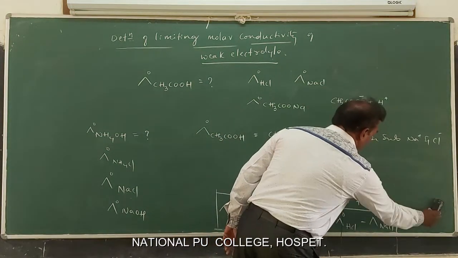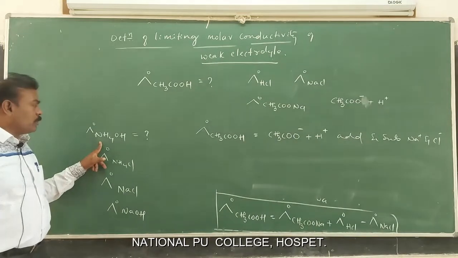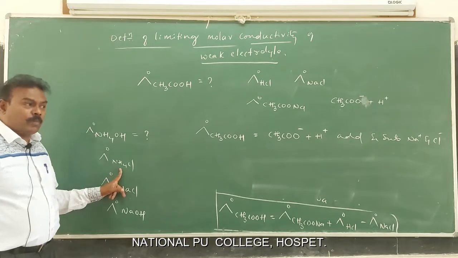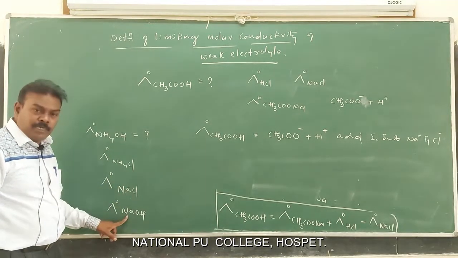Can you tell me? In this weak electrolyte, NH4⁺ is present, and then hydroxide, that is OH⁻, is present. In this electrolyte, NH4⁺ only. In this electrolyte, Cl⁻ only. In this electrolyte, NaOH only.